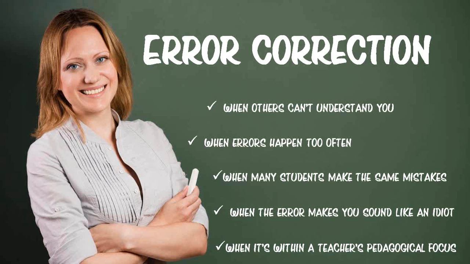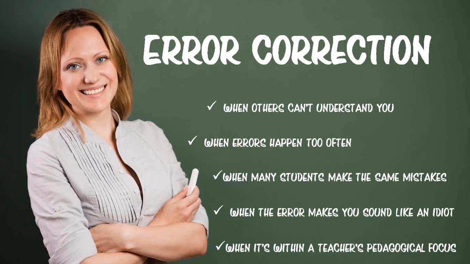So then, the focus would be on correcting the verb forms rather than anything else. So this might be quite useful when it comes to understanding why sometimes when you make mistakes, teachers don't correct them. There is a reason behind everything.